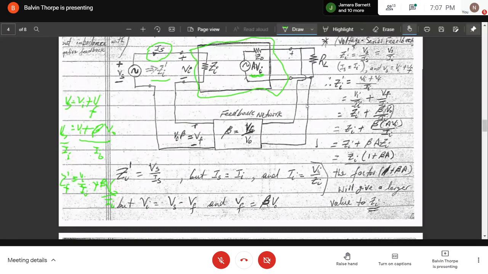And really and truly, coming back over here since I don't have more space, VI over II is really ZI. Agree? VI over II is ZI.